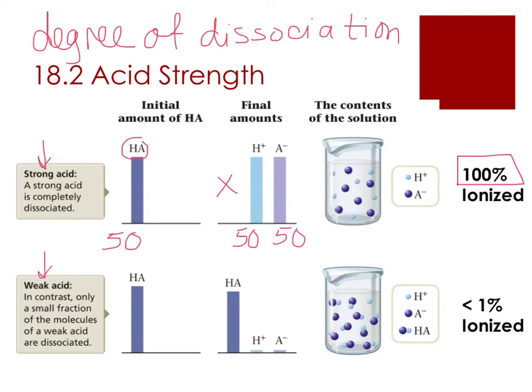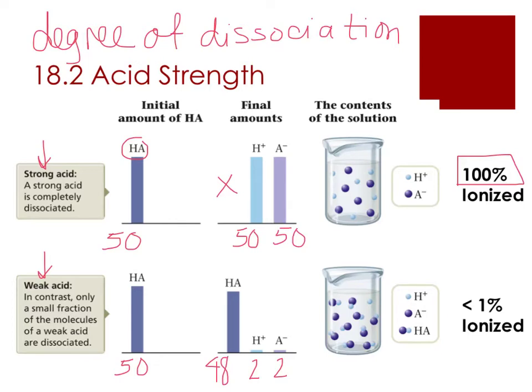Turning, however, to the weak acid, if we do the same thing and put 50 weak HAs in water, say maybe only 2 will dissociate, giving us 2 H pluses and 2 A minuses, and leaving us with 48 undissociated HA molecules.